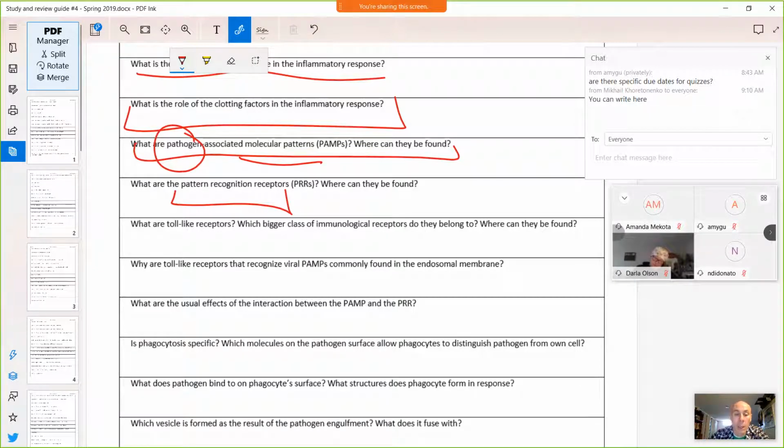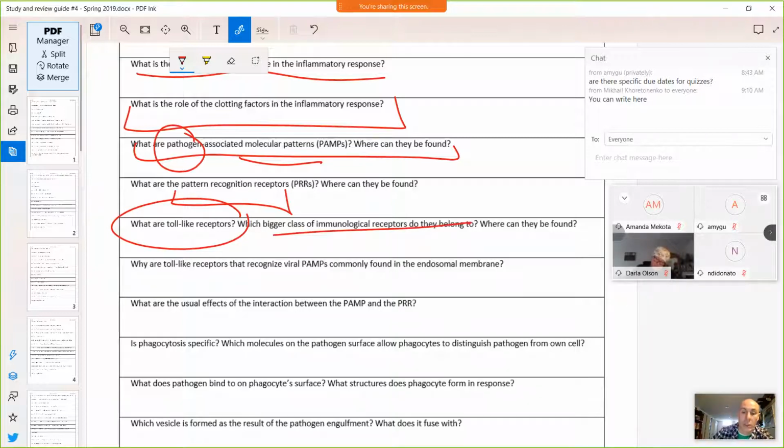And I mentioned in the lecture which ones are on the endosomal membrane. So pattern recognition receptors on the endosomal membrane recognize viruses, because the endosome is intracellular and viruses are intracellular. Toll-like receptors are a class of pattern recognition receptors.